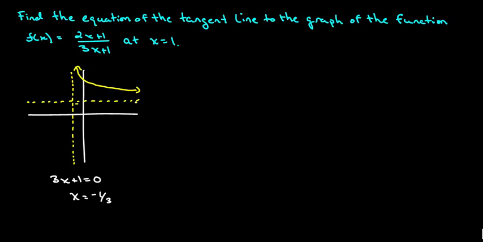Now I'm not going to test to see whether it crosses this horizontal. Remember that they can, but it's really not even worth it at this point. And then I know over here we're going to have negative values.